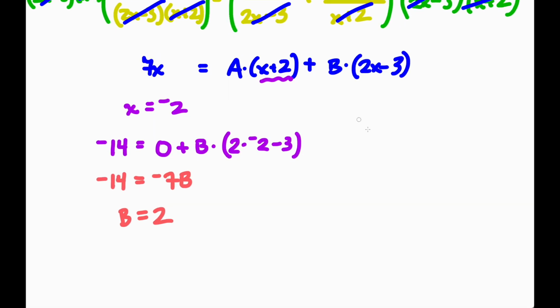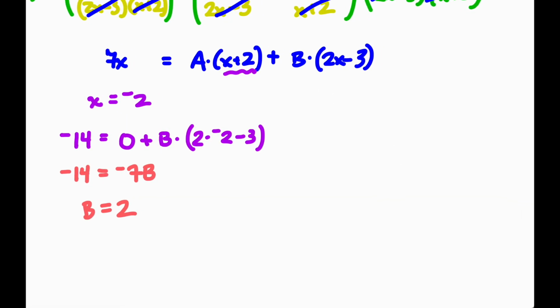Now we're going to do the exact same thing, only for the a. So let's set this equal to 0. That means x is going to be equal to 3/2 this time. So now we're going to put 3/2 in for all the x's. So you're going to have 21 over 2, because when you do 7 times 3 halves, it's 21 over 2. And that's going to be equal to a times 3 halves plus 2 plus 0.